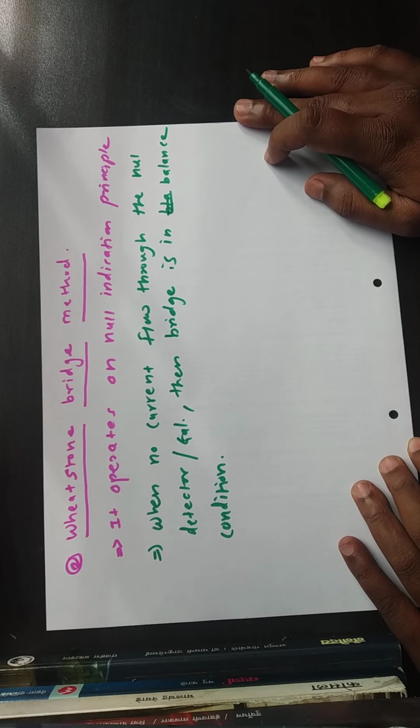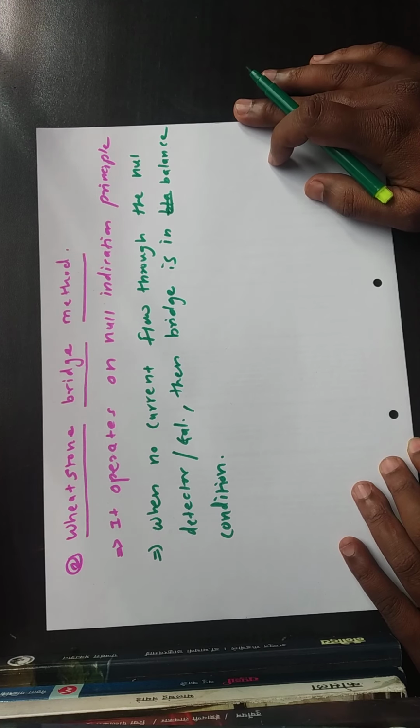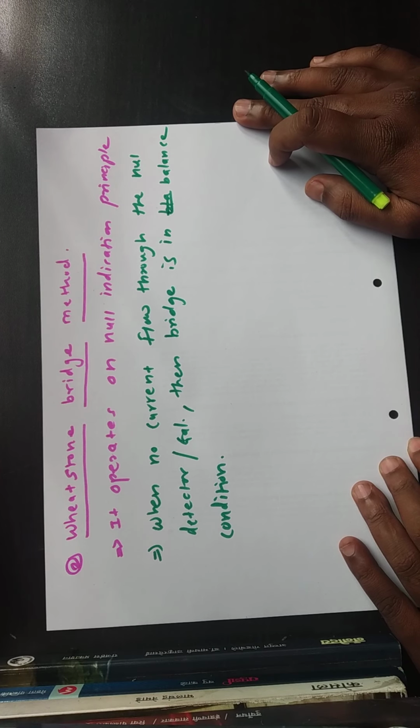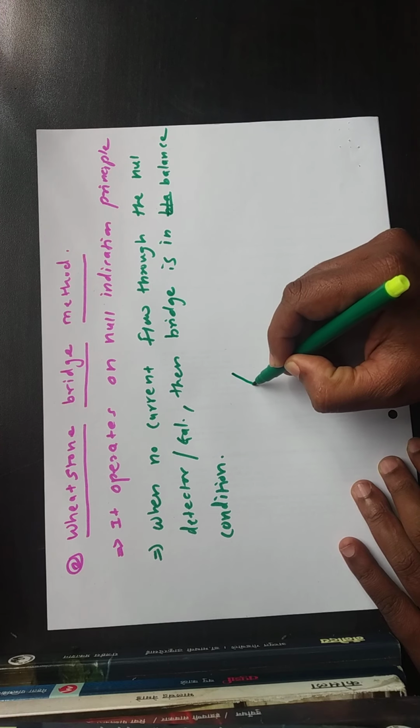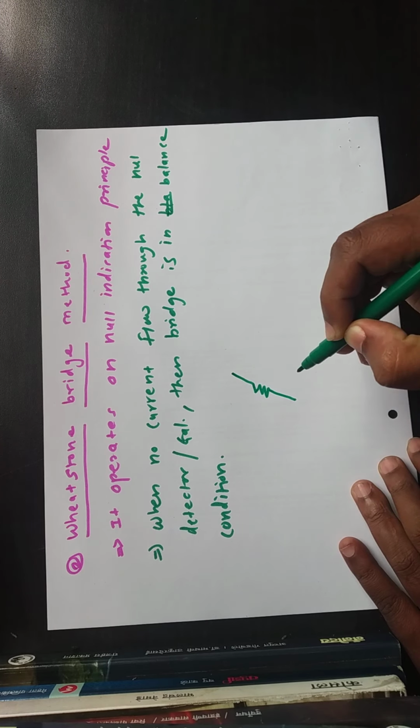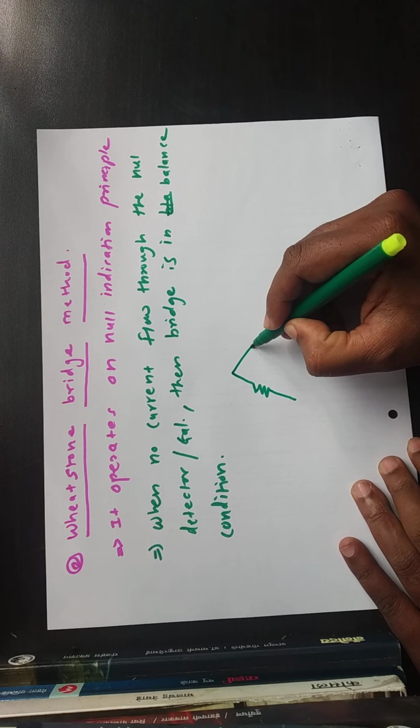So let's draw the diagram of the Wheatstone bridge method. Basically, as it is a bridge, it should consist of four arms. This is one arm or one network.